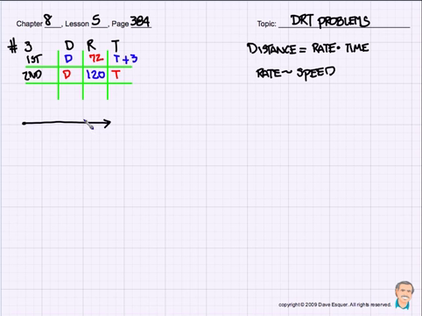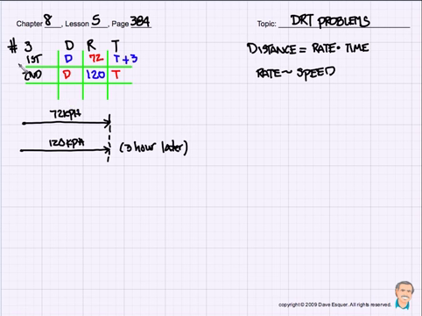So we have one train that leaves going 72 kilometers per hour. The second train leaves 3 hours later and it's going 120 kilometers per hour. And the question is, when will they catch up to each other? When will they be neck and neck? Both headed east.